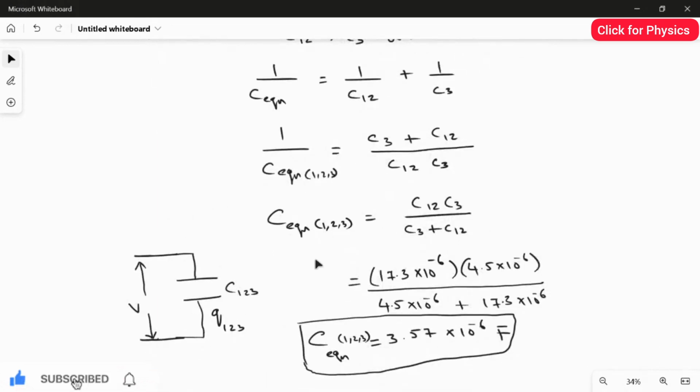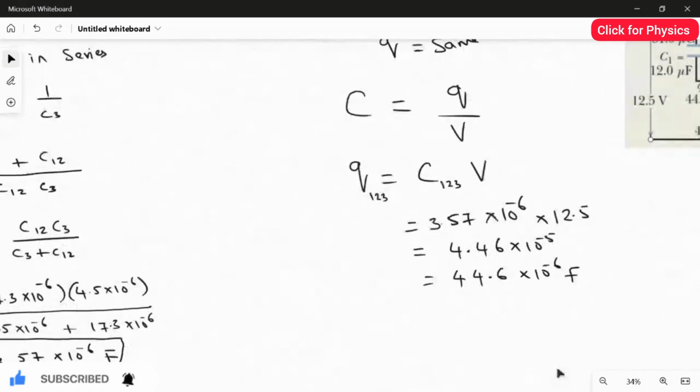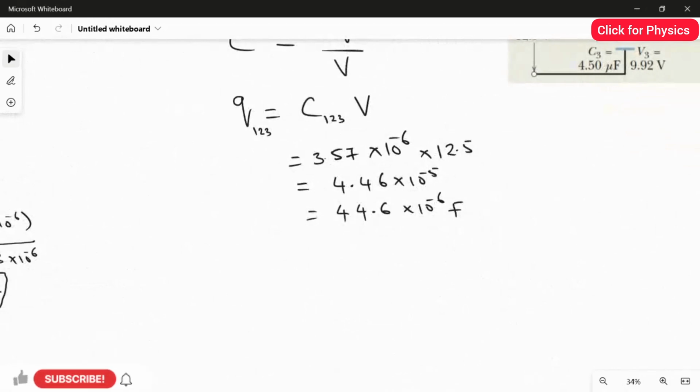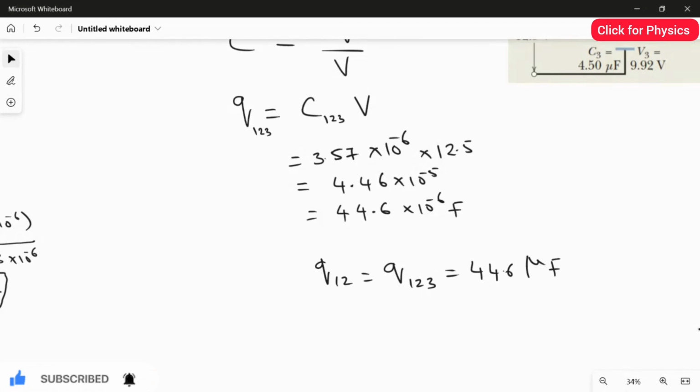Once you calculate the final answer, the charge Q12 is equal to Q123. Am I right? As per the concept we studied in the theory. So Q12 is equal to Q123, which is equal to 44.6 microfarad. Micro stands for 10 to the power of minus 6.